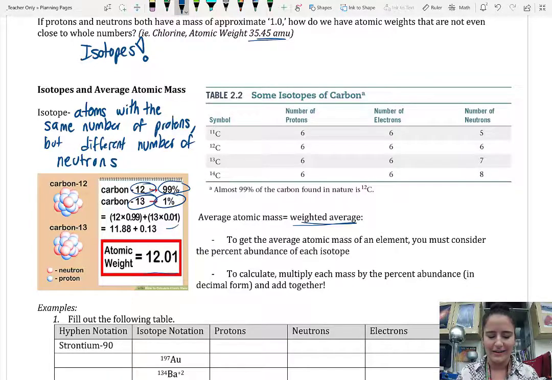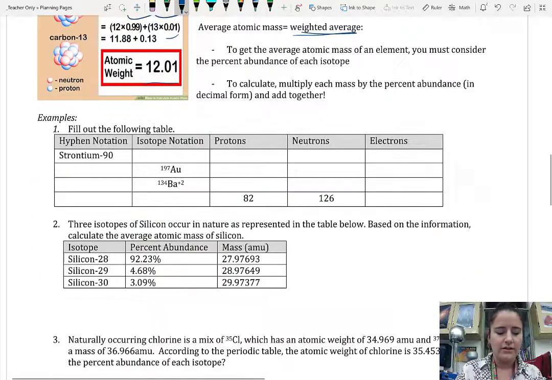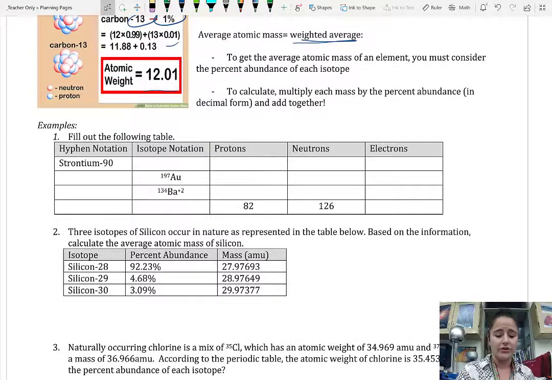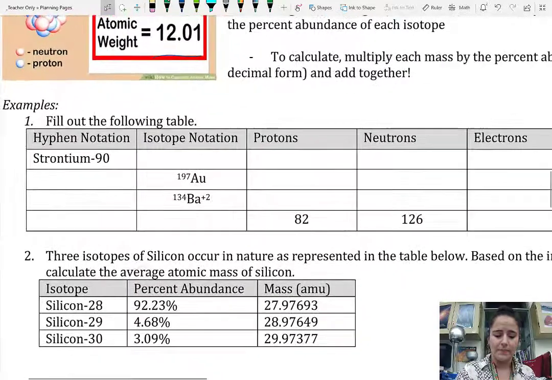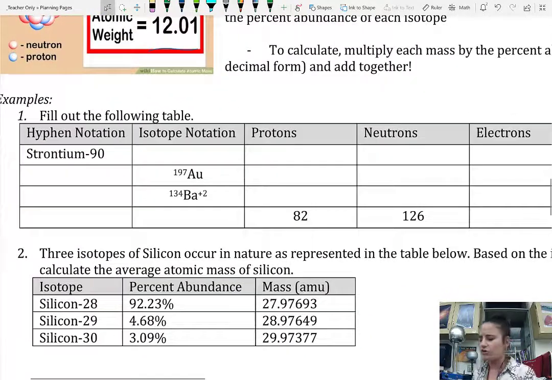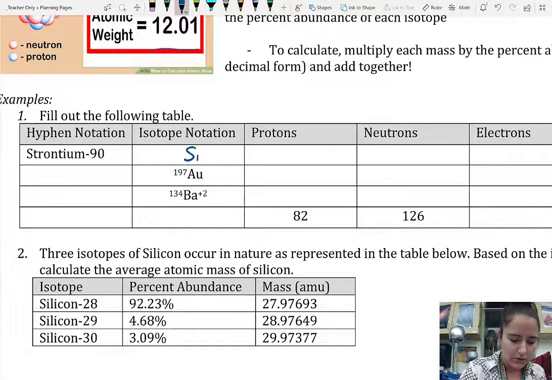So let's go ahead and do some examples of these things. Make sure you have your periodic table handy. First, we're going to look at the different notations and fill out this table. Okay, if we have strontium 90, that is strontium with a mass of 90. If I find strontium on the periodic table, it is number 38. Okay, so strontium 90 would go on top.